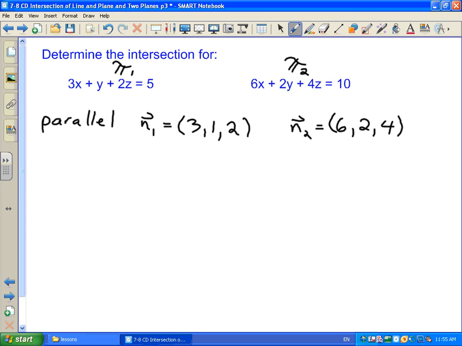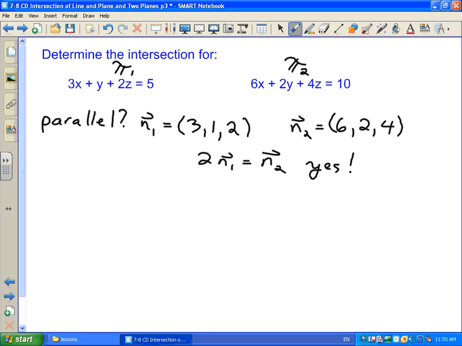Are these things parallel? So these are obviously scalar multiples of each other. 2 times that first vector gets us our second normal vector. So these guys are parallel. So we know that they are parallel.